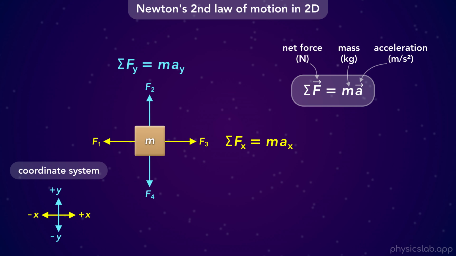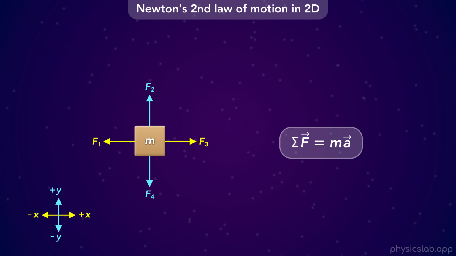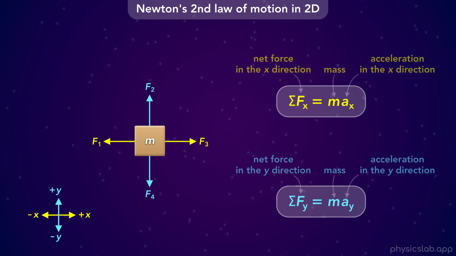This is what determines which forces are acting in the x and y directions, and which forces are positive and negative when we calculate the net force. So this is how we're going to use Newton's second law in 2 dimensions. We're just splitting it up into 2 equations, one for the x-axis and one for the y-axis. And the mass is the same for both equations.